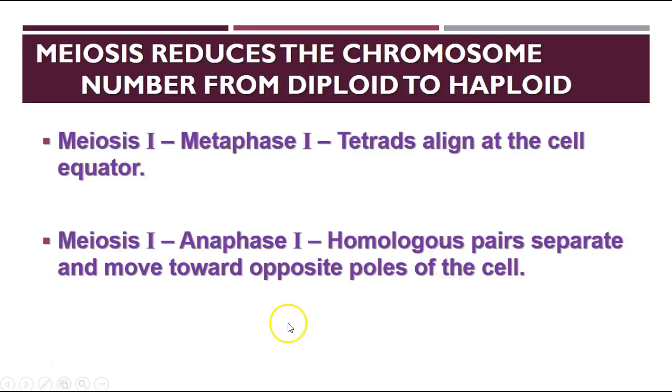Okay? So in metaphase 1, they're still attached as a tetrad, and they align up at the cell equator, just like in metaphase of mitosis. In anaphase 1, though, rather than the chromatids separating, the homologous pairs separate from each other. The chromatids of each homologous chromosome are still attached together, but the homologous pair separates and moves toward opposite poles of the cell.